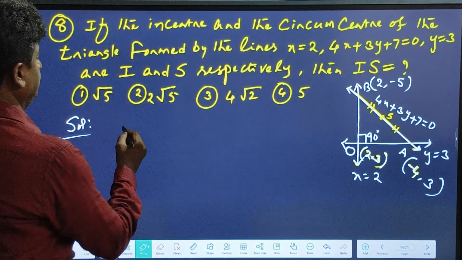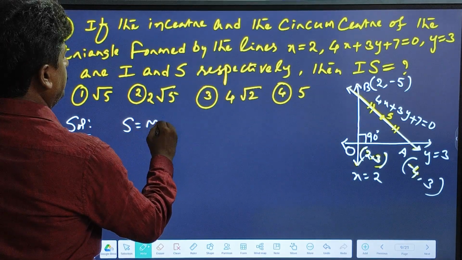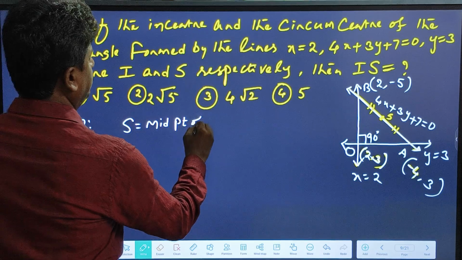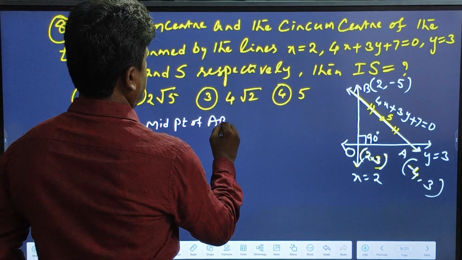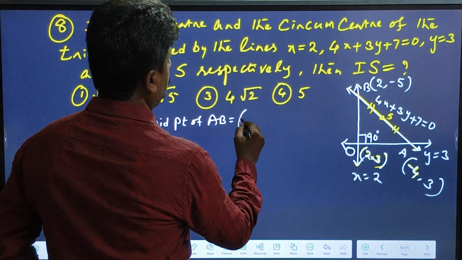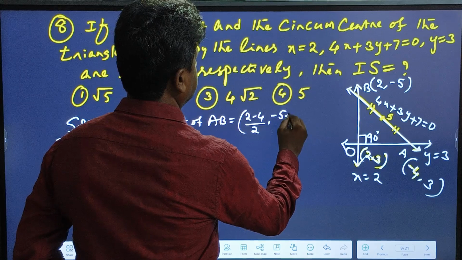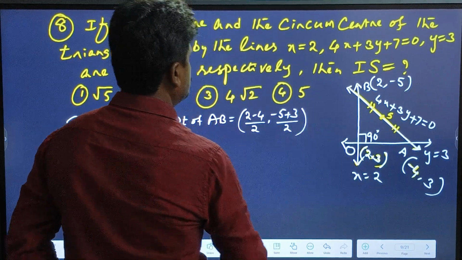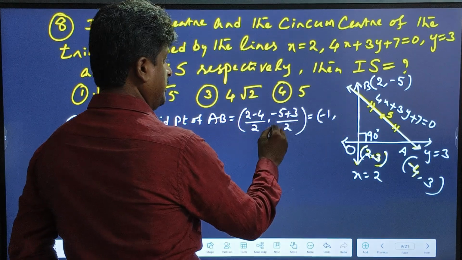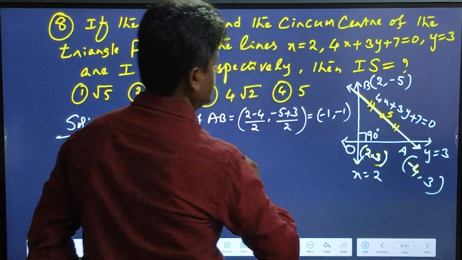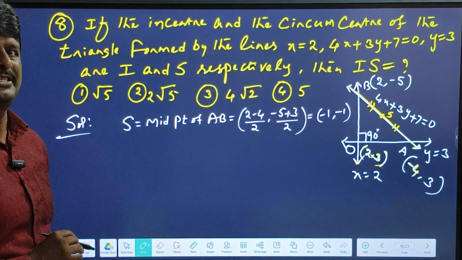Do observe that circumcenter is the midpoint of AB, that is (2 - 4)/2, (-5 + 3)/2. 2 - 4 is -2, by 2, that is -1. 3 - 5 is -2, by 2, that is -1. This is the circumcenter.